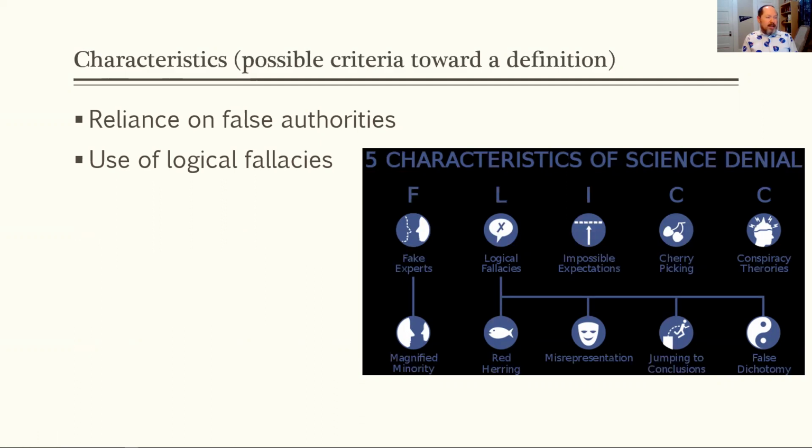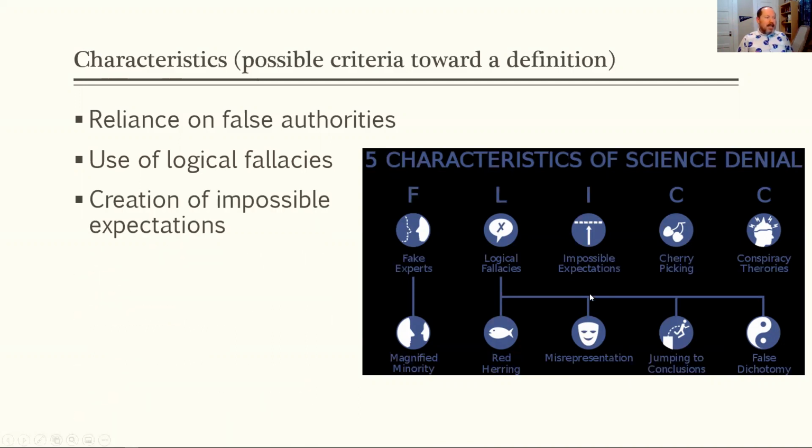This happens a lot with denialists. You bring up a piece of evidence and they'll say, oh, well, what about this? And they'll change the subject. They misrepresent facts, or they misrepresent what their evidence proved. They jump to conclusions. False dichotomy, they'll say, if it wasn't this, it must have been this, when there might have been any number of other explanations.